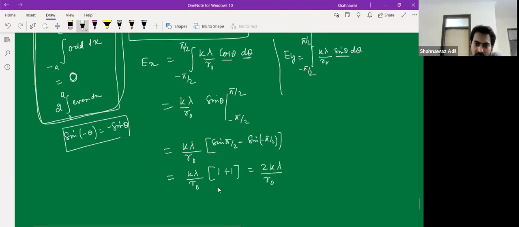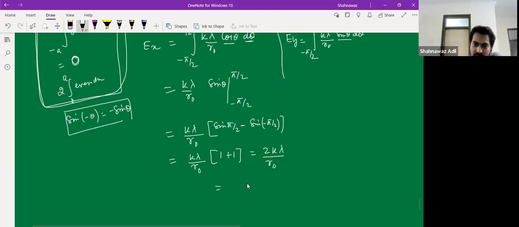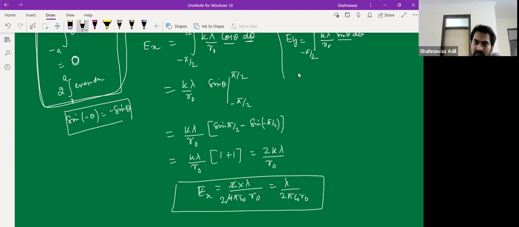So this would be 2 into lambda by 4 pi epsilon naught r naught. So this cancels and we have the result that you already know. Right, so this is the result.